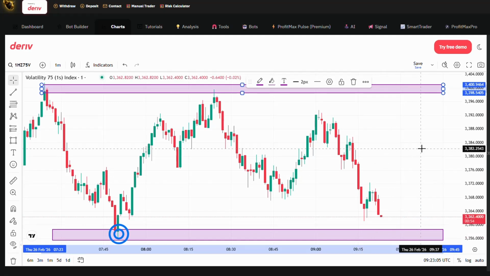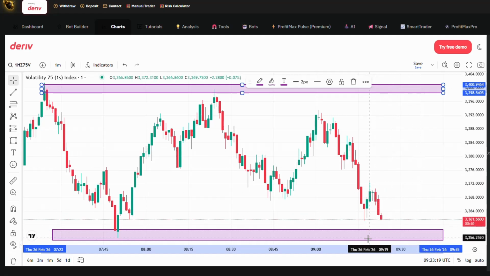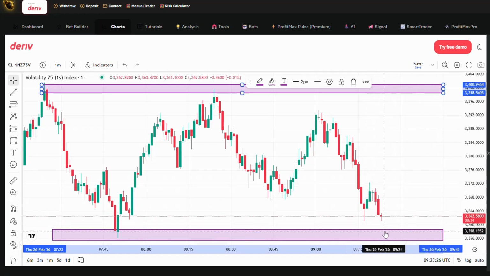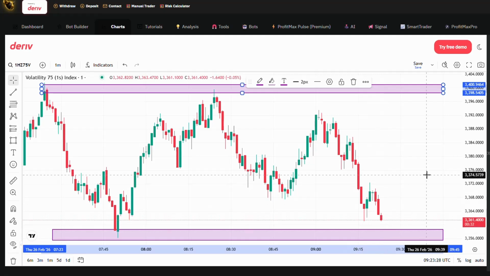So right now we are on a lower high coming to a lower low, and then we expect the market, once it touches that support zone, to start going bullish. We expect buyers to come in and reject, and then the market goes up. So let's keep observing. I hope you're getting the idea here. It's not difficult.